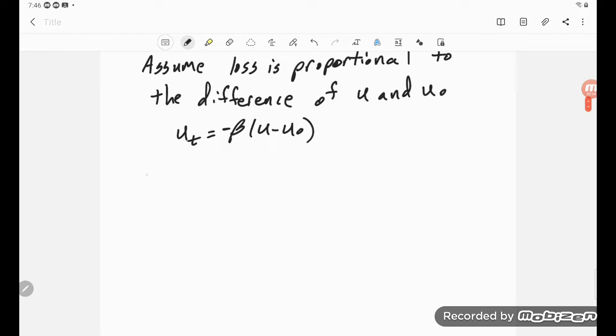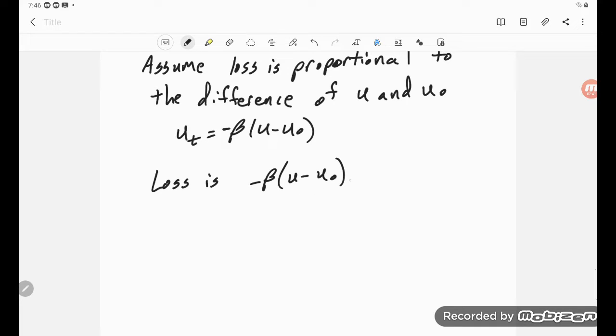We assume that loss is minus beta U minus U0.